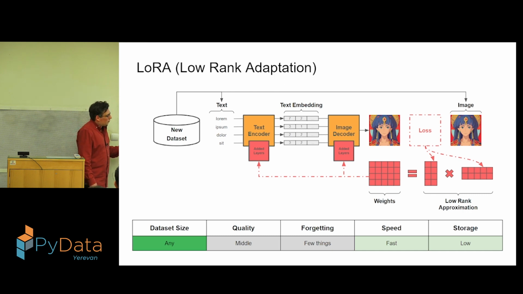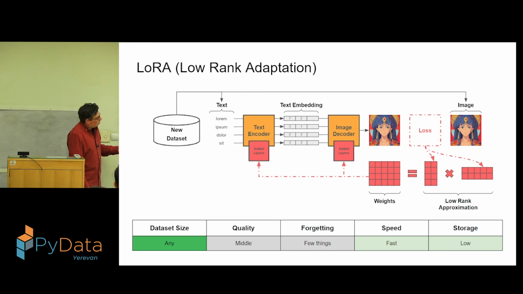So you are optimizing just very small matrices, and this is typically much faster than the training of the actual models. It's very dependent on your rank, but yeah, it gives us the acceleration.